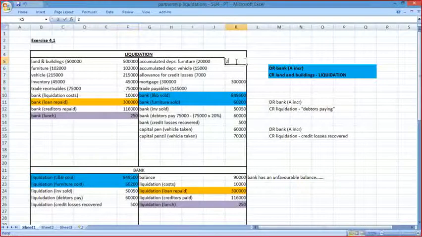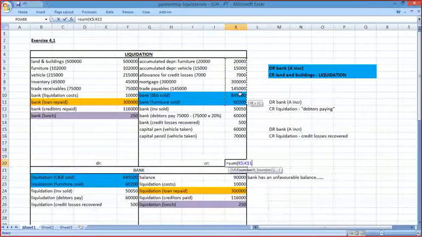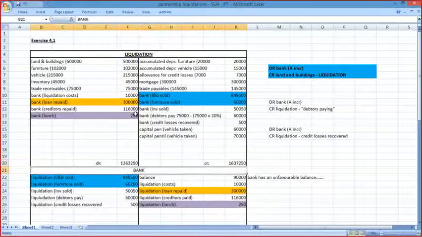Accumulated depreciation 20, 15, 7, 145. Now I need to check, so I'm going to do a little note here. Debits equal credits. Let's see what I get. If I sum up all the credits on that side and all the debits on this side, which side's bigger?